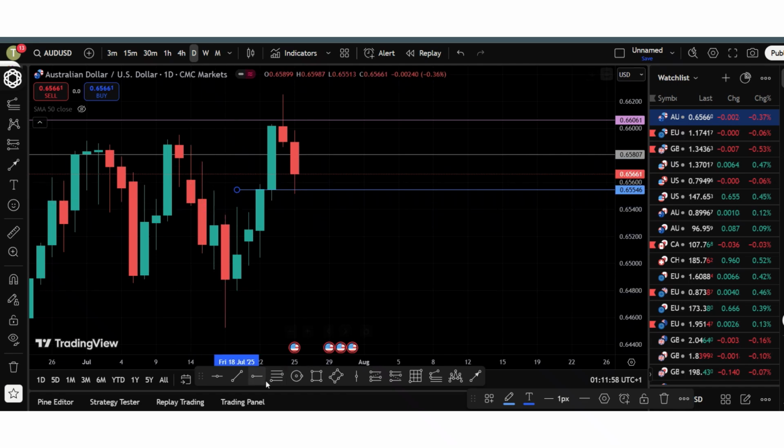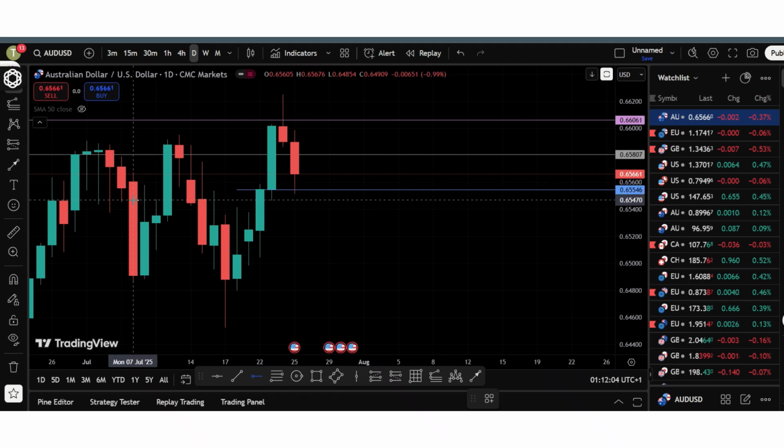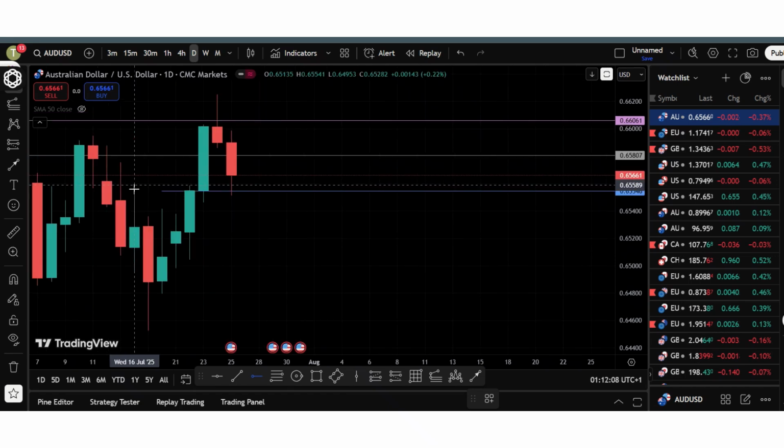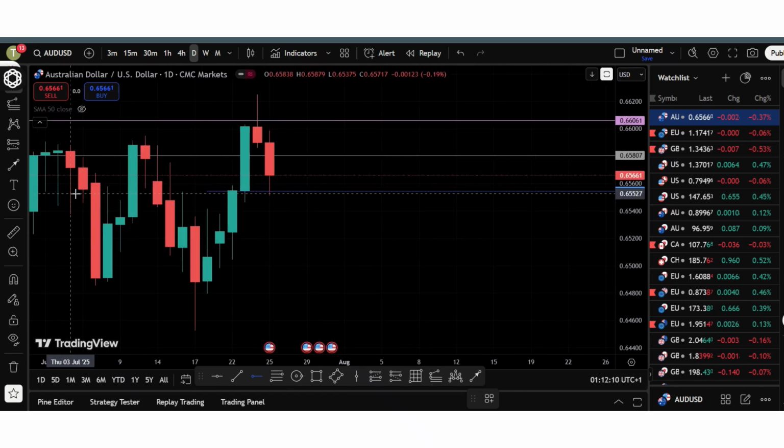Over here on the daily, we can see some reactions. I don't know where to draw this from. This is not too clear. You can see some bears took out, and you can see some buyers over here.